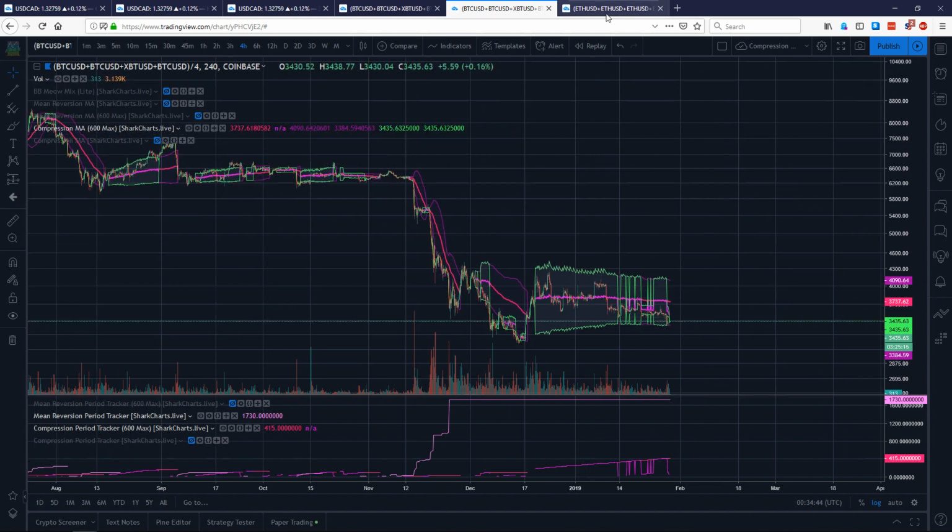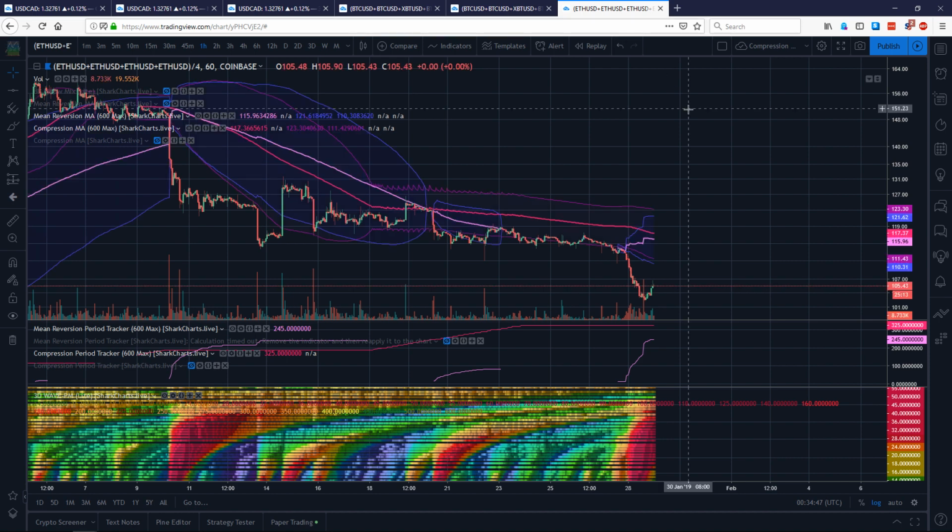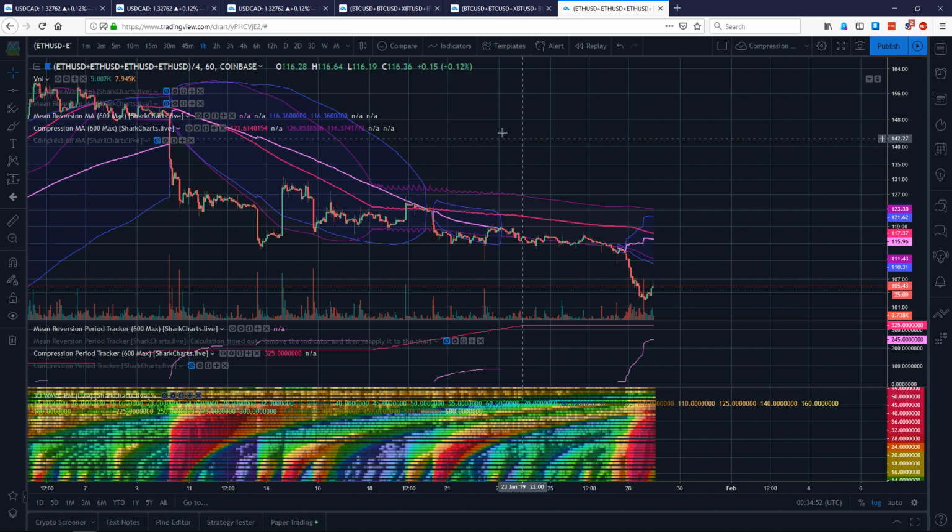So I did have one other chart to bring up, and that's the ETH USD chart by comparison to BTC USD. So the ETH USD chart never actually got as compressed at as high a period length. This is the 1 hour versus the 4 hour as BTC USD did.